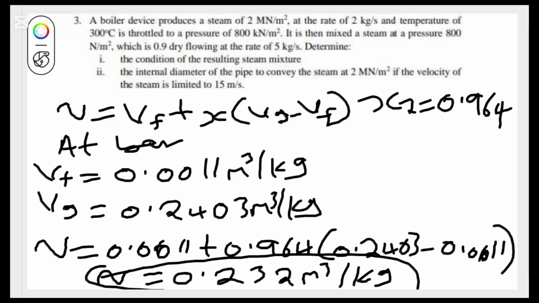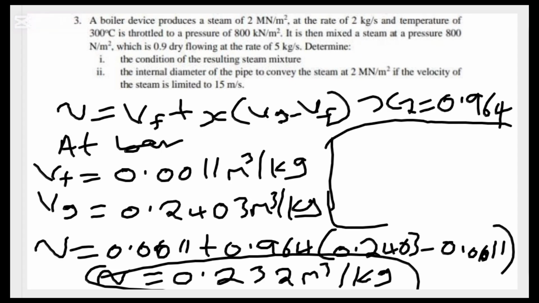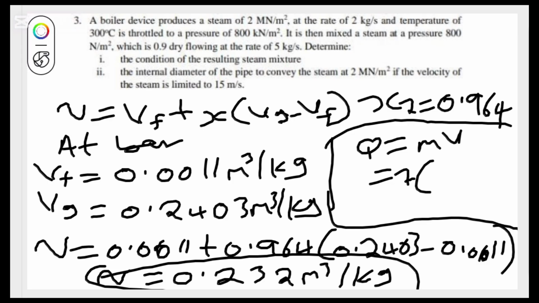Yes. So the next thing is that I'm going to find the volume flow rate. This is the specific volume, and then I'm going to find the volume flow rate. So this is very easy. I'll multiply by the mass flow rate, which is 7, our total mass.